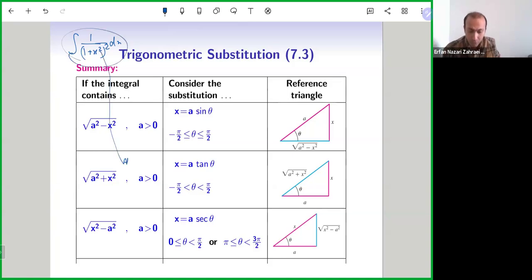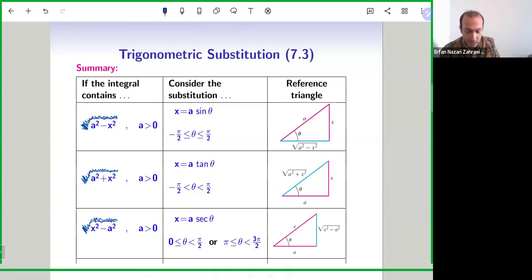For this also, you should use this. Because it's not only restricted to roots, let me just drop these roots. Usually we have a root, but not always.